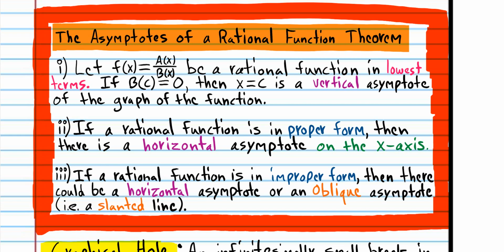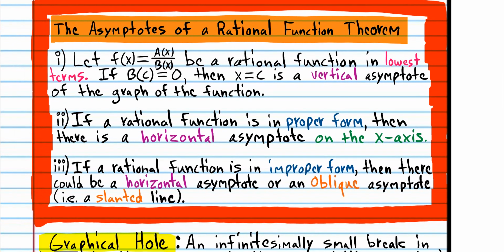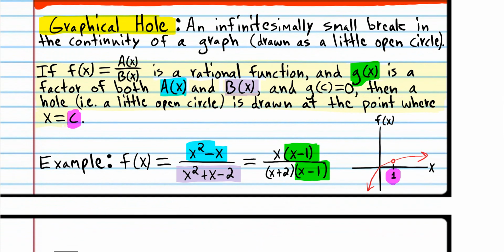But that's only true if the fraction is in lowest terms, or the rational function is in lowest terms. So you have to be careful. If the fraction is not in lowest terms, then an x value that makes the denominator 0 might actually be a hole.